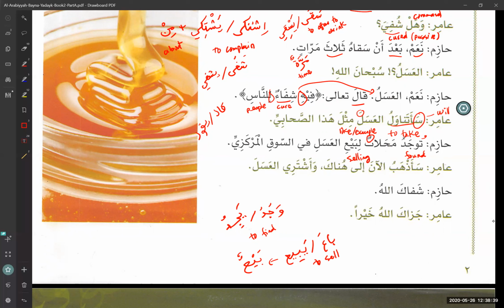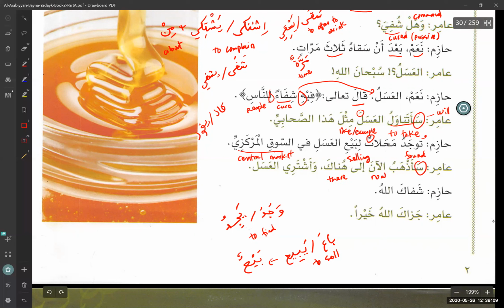So it's saying that stores selling the honey are found fi souk al-markazi. Souk is market. Markazi is like center, so it's the central market. Okay. And then he says سأذهب, same thing, sa is will. سأذهب الآن, now. إلى هناك, there.